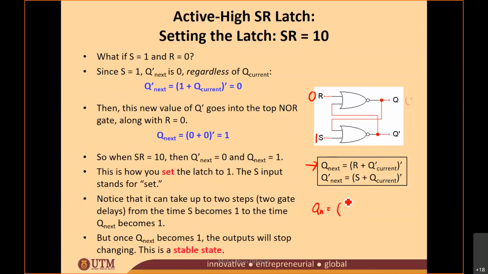R kita sekarang ni berapa? R is 0 tambah dengan Q current bar, and we have bar. Kosong tambah Q current bar, so kamu akan dapat Q current bar, and then bar you can cancel out.